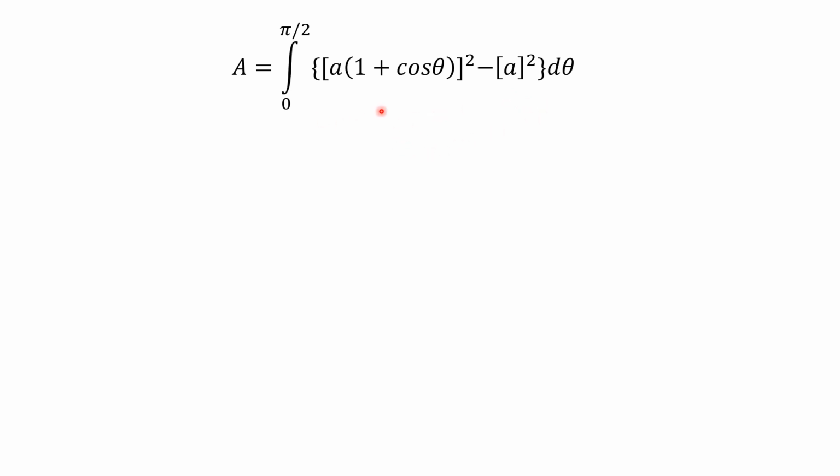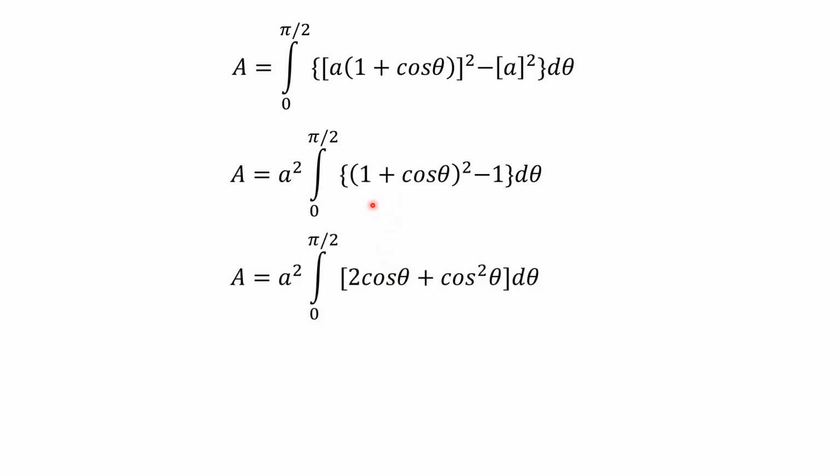So take a square common, get the square of this 1 plus cos theta. So it will be 1 plus 2 cos theta plus cos square theta minus 1. That 1 got cancelled and we are left with 2 cos theta plus cos square theta.